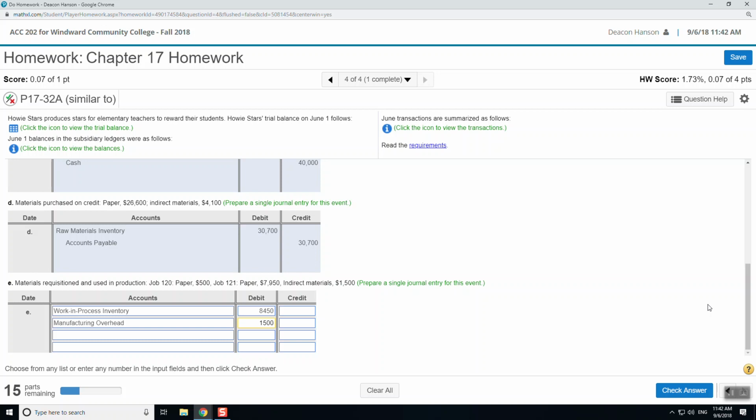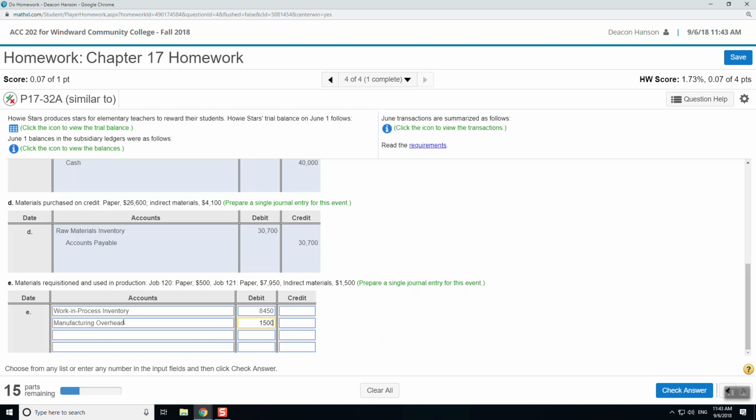Indirect material would be something like, in the case of stars, I'd have to really think, but it would have to be something that doesn't have that direct unit per unit tie. Or maybe you guys can come up with something. Indirect material. Anyway, think about that, okay?